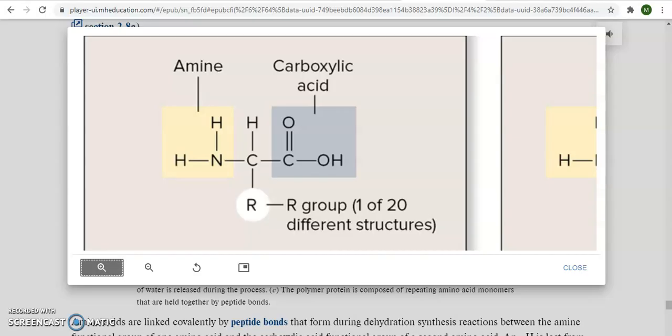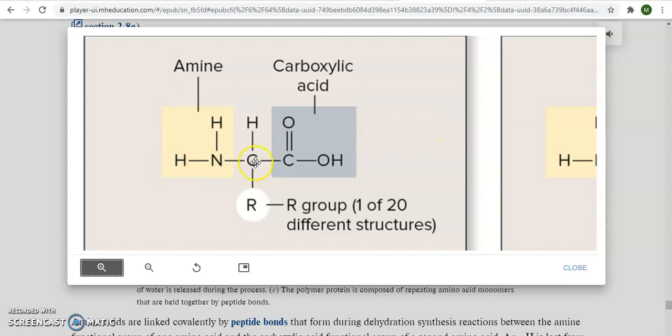So for the proteins, this is an image from the textbook. If you recall, any protein is composed of the building blocks called amino acids. This is just showing one amino acid, and I'm showing you this so you can see what atoms make up an amino acid.